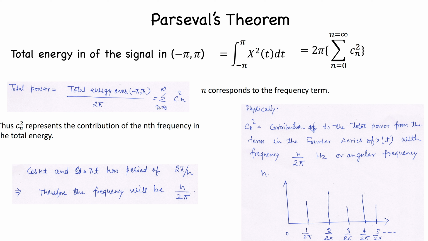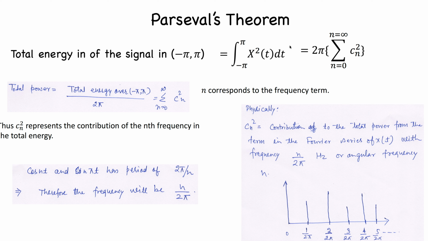We can write the frequency as n by 2 pi. n can be written as 2 pi f, so this is sort of an angular frequency actually. If you write n equal to 2 pi f, then 2 pi will be cancelled and it will become a linear frequency term.